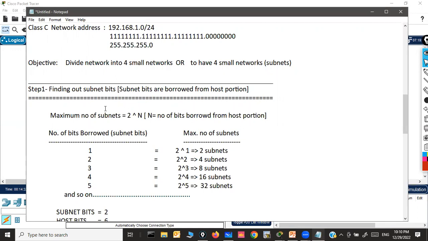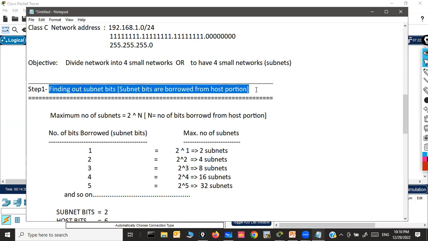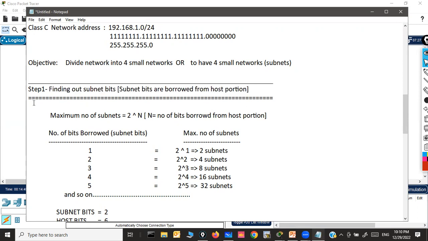What I did, I first found the subnet bits and host bits, and totally it is based on requirement. I'll take a couple more examples in the next class, so you would be more comfortable then.